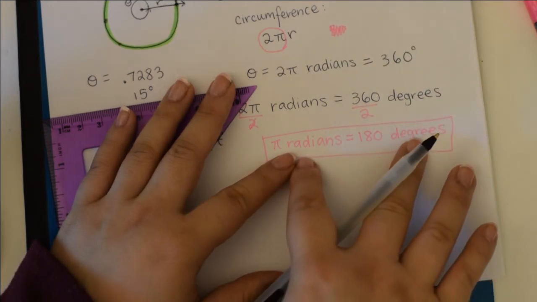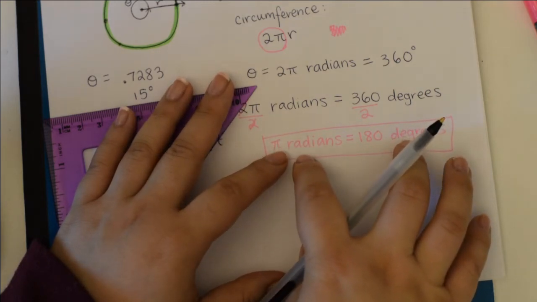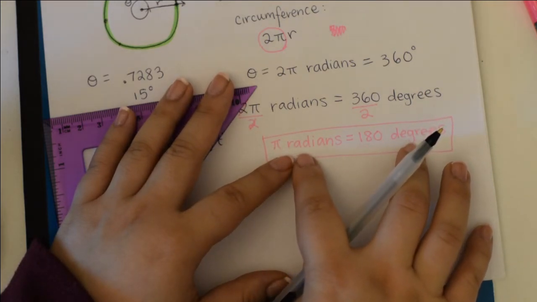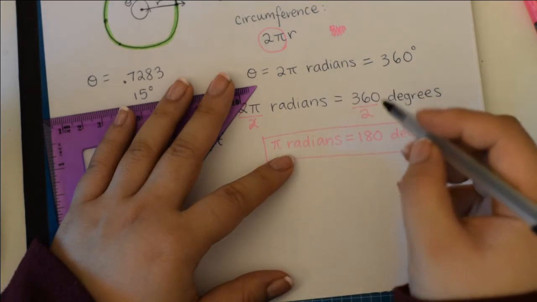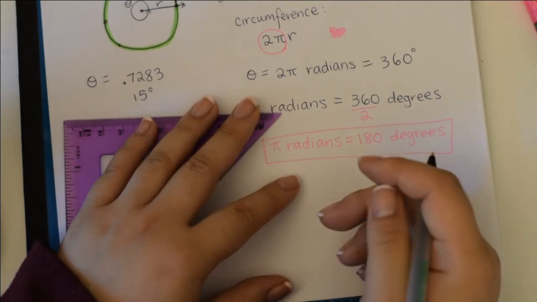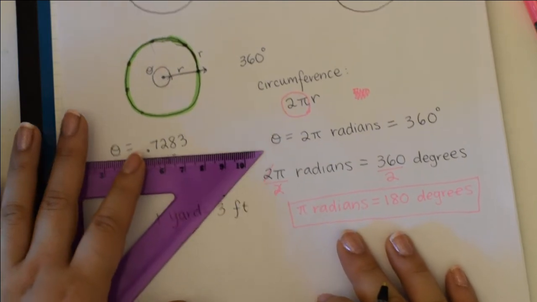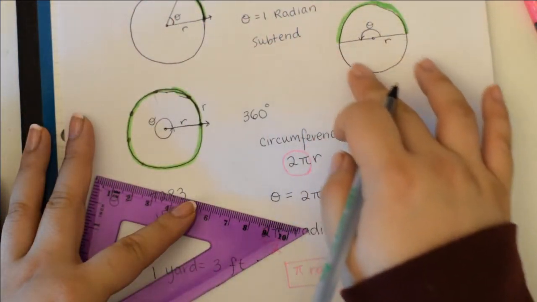But a lot of times in trig classes, we just jump right into this and say, okay, you multiply by 180 over pi, or you multiply by pi over 180. But I think it's more important to understand where it comes from. Isn't that kind of cool, though?